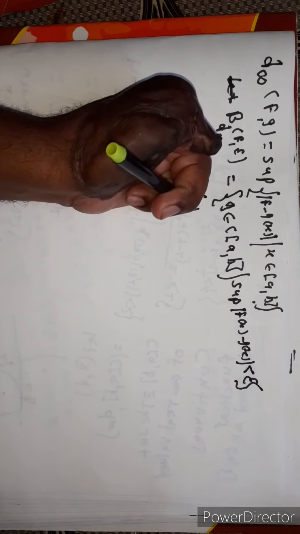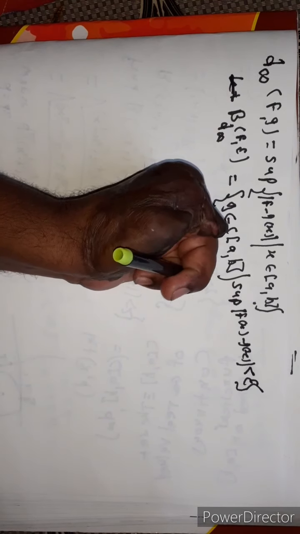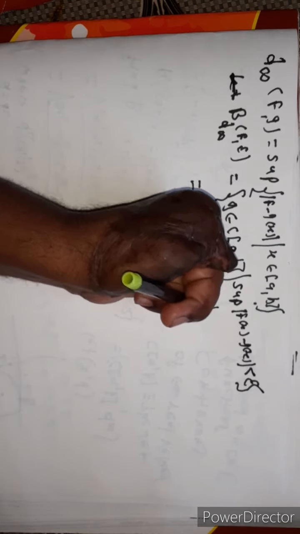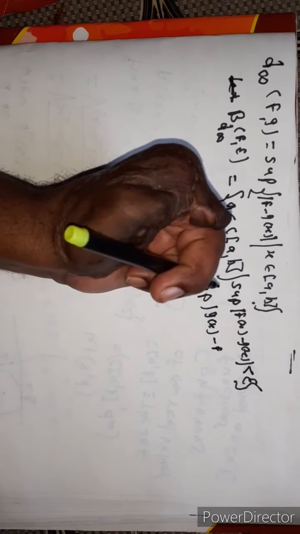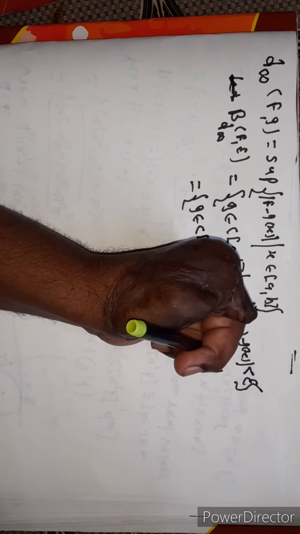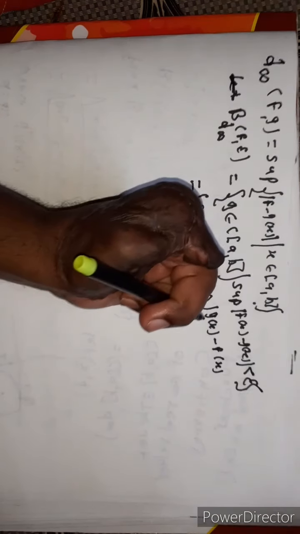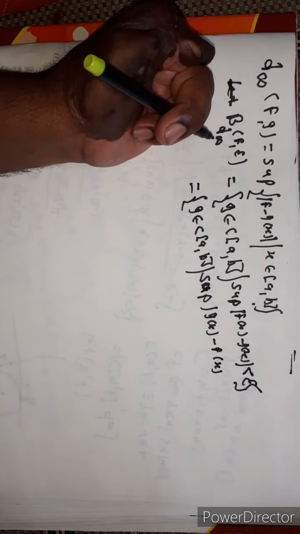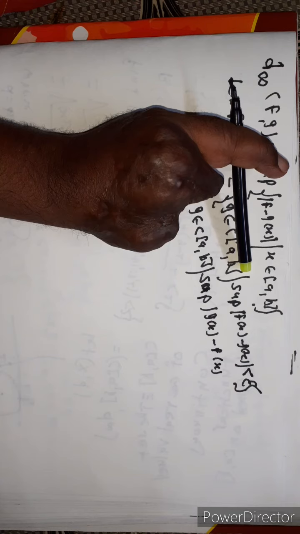It is the set of g belonging to C[a,b] such that the supremum of |g(x) minus f(x)| is less than epsilon.